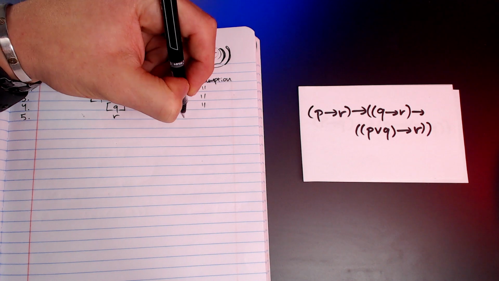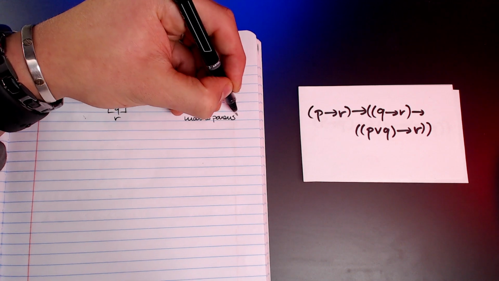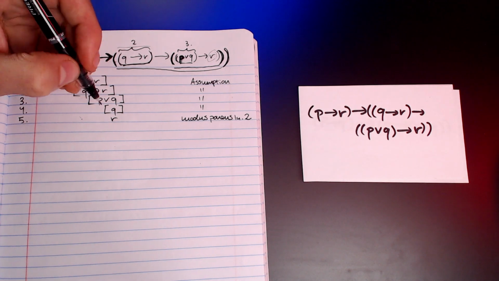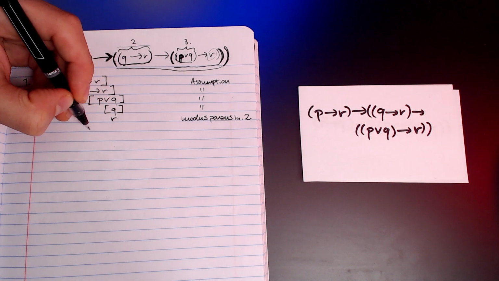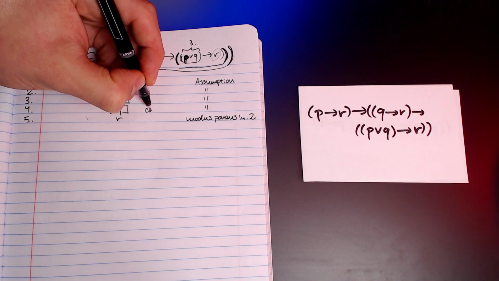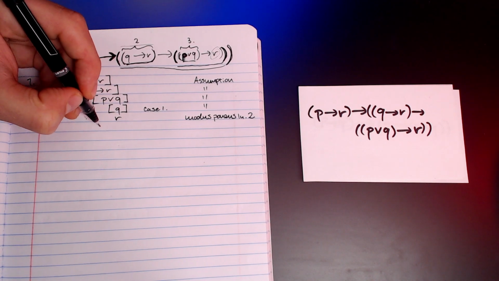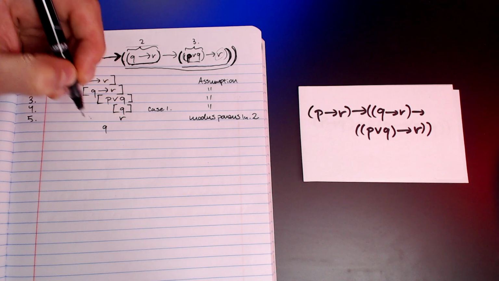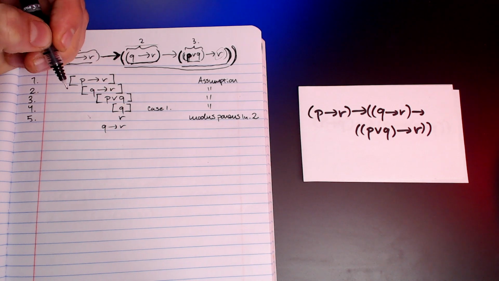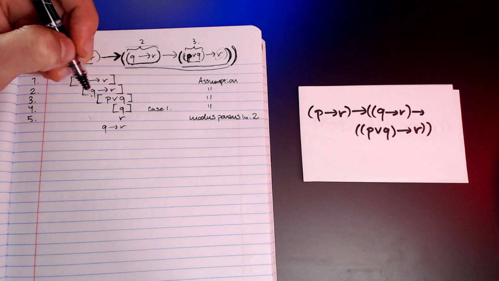And that would be modus ponens, line 2. Excellent. So if Q is true, this would be case 1 technically too. It's 1. And so we know that Q implies R, which we've kind of already stated here, so we don't really have to say that.